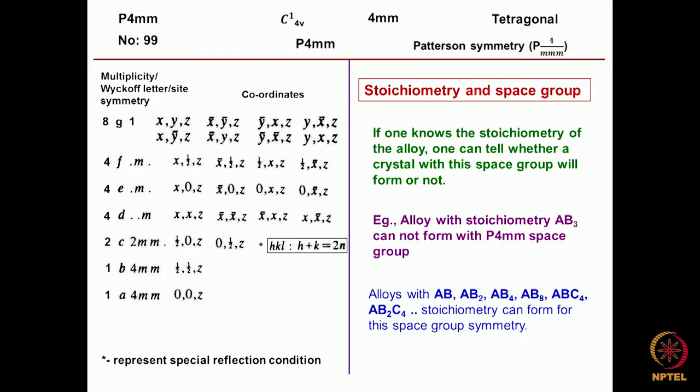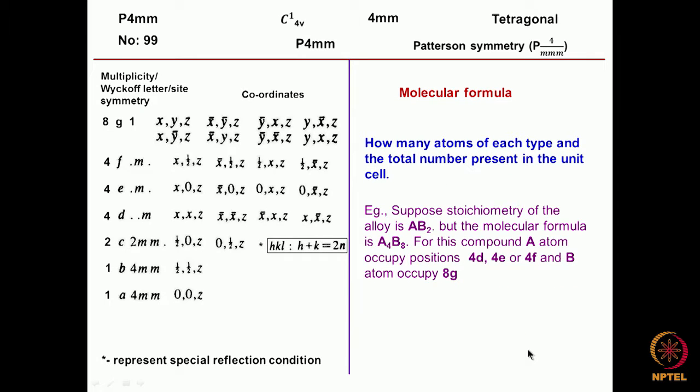In addition to the stoichiometry, what we have to consider in this specific case is that when we want to construct a crystal, the number of atoms in the unit cell is also important. That information is also available in the Wyckoff position table given in the International Union of Crystallography.